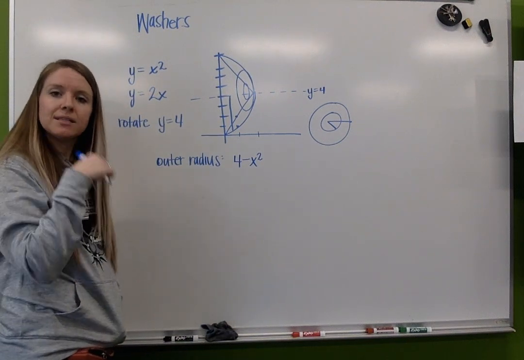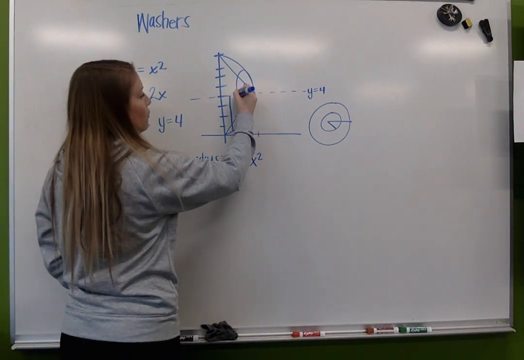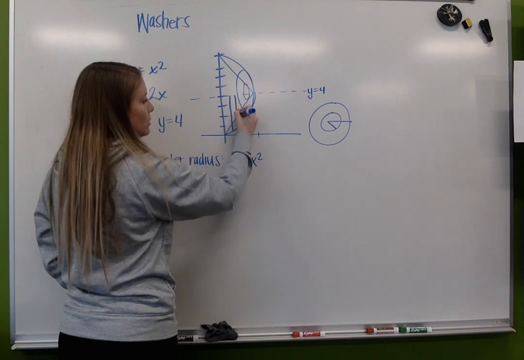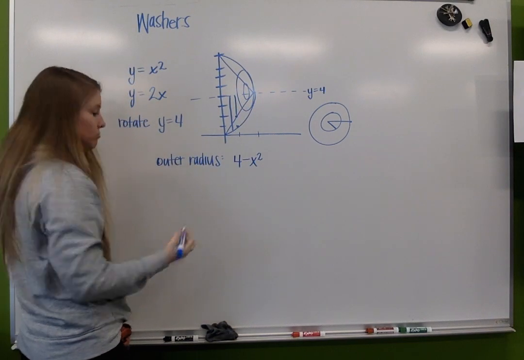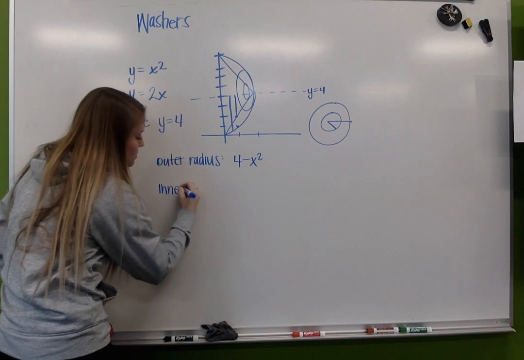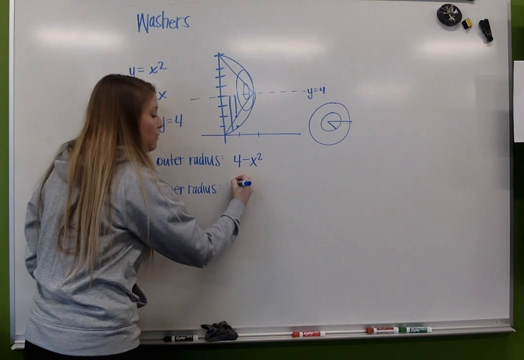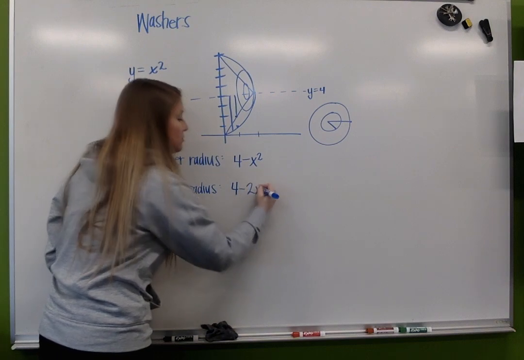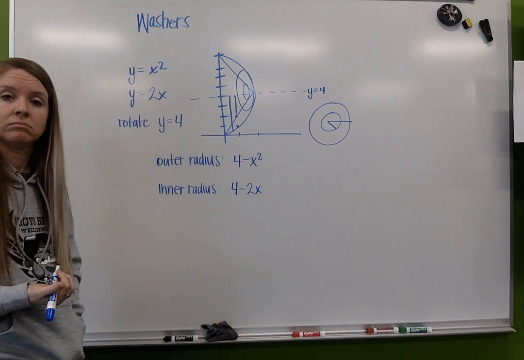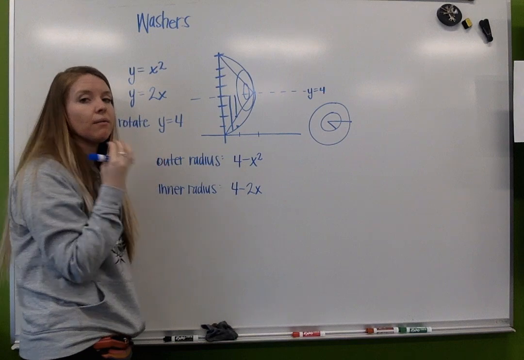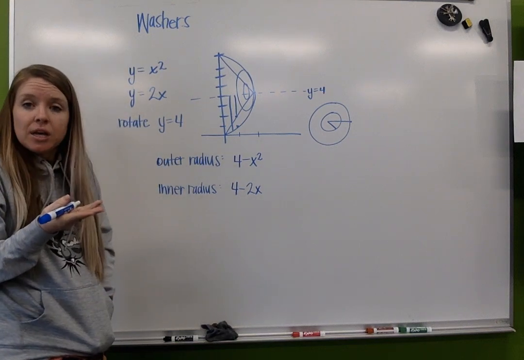Same idea is going to apply to the inner circle. If I go from my line of rotation at 4 down to 2x, my inner radius is 4 minus 2x. Once we know what our radius is, then we just got to set up our integral.